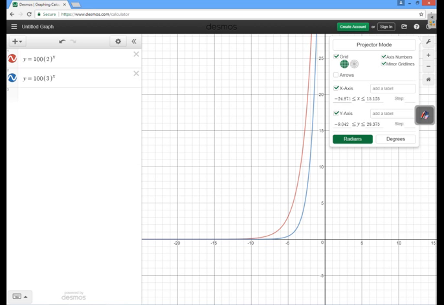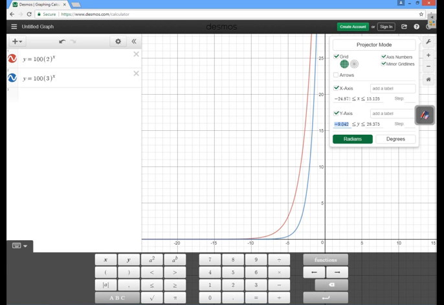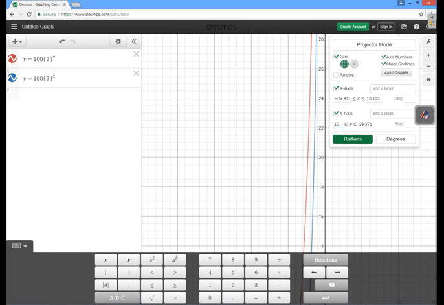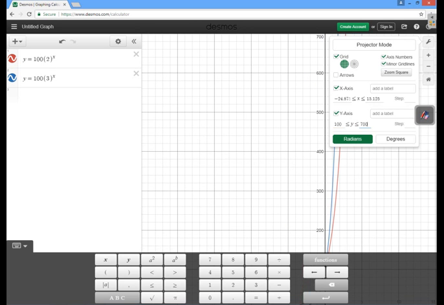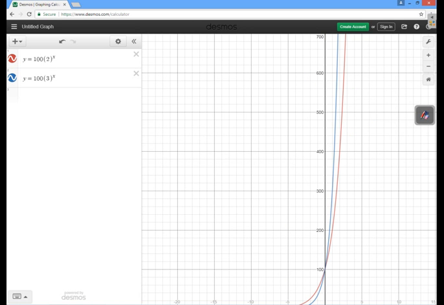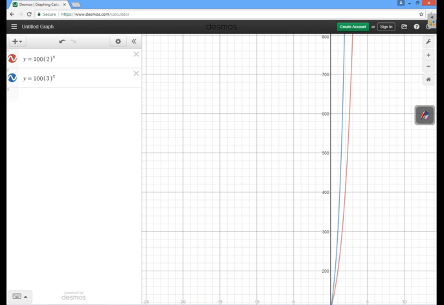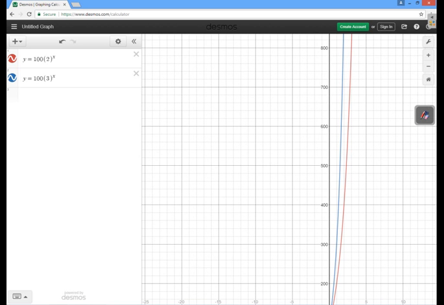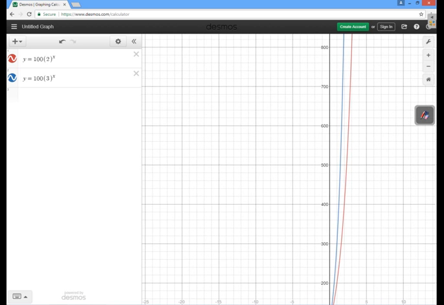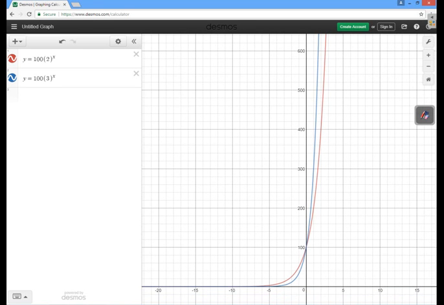Let's say you want to look at y values from 100 to 200 or to 700, and it will show you the scale between these. So you see that the blue one is growing faster than the red one. Okay, so this is called Desmos.